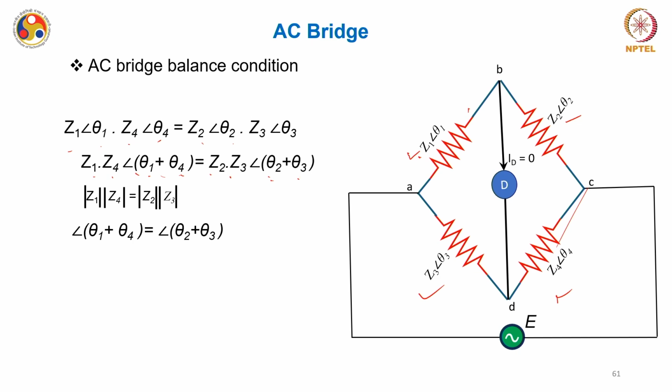So if you take the magnitudes, |Z1||Z4| = |Z2||Z3|, and for the angles, θ1 + θ4 = θ2 + θ3. These are the two generic conditions for AC bridges to be in the balanced state.